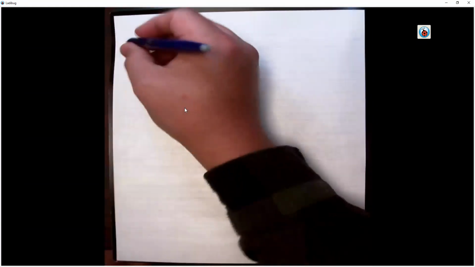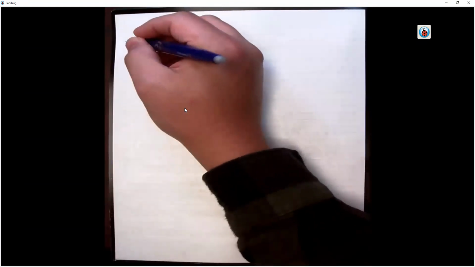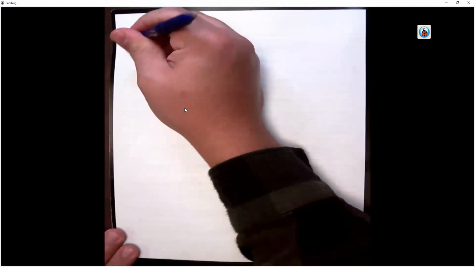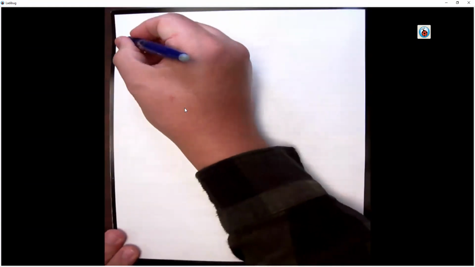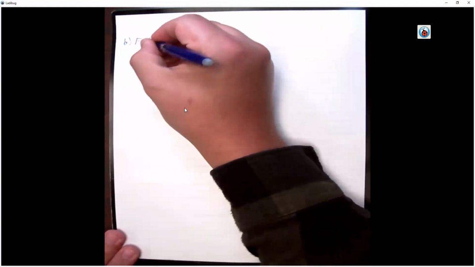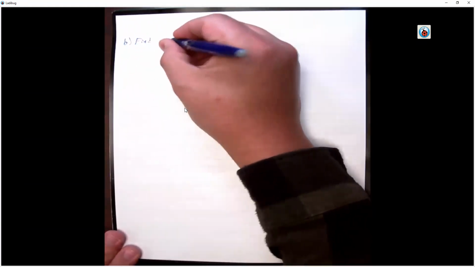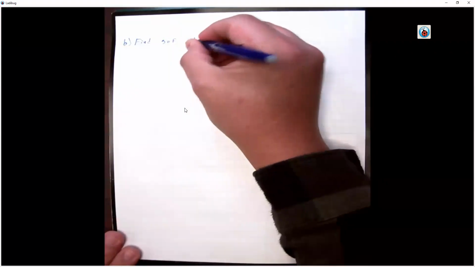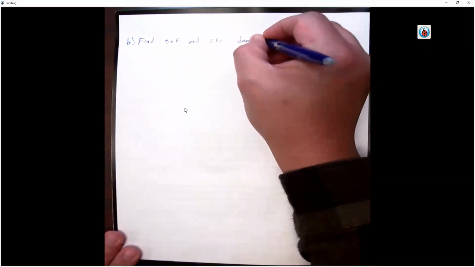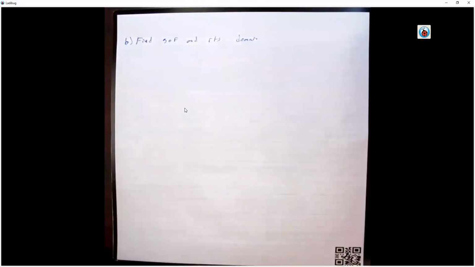All right, so part B is find g of f and its domain. So now we're going to care about the f, because that's the one going in, right? Find g of f and its domain. All right.